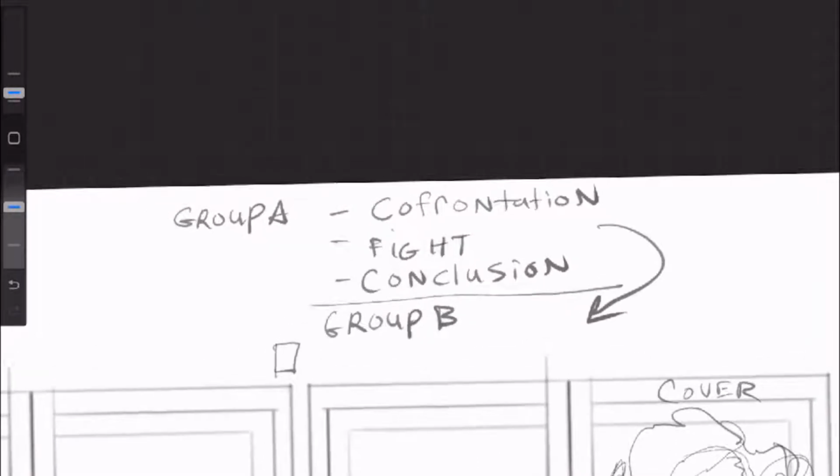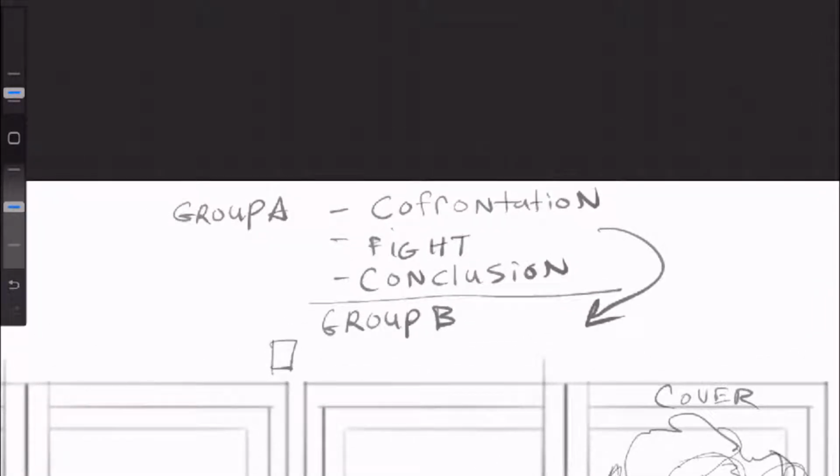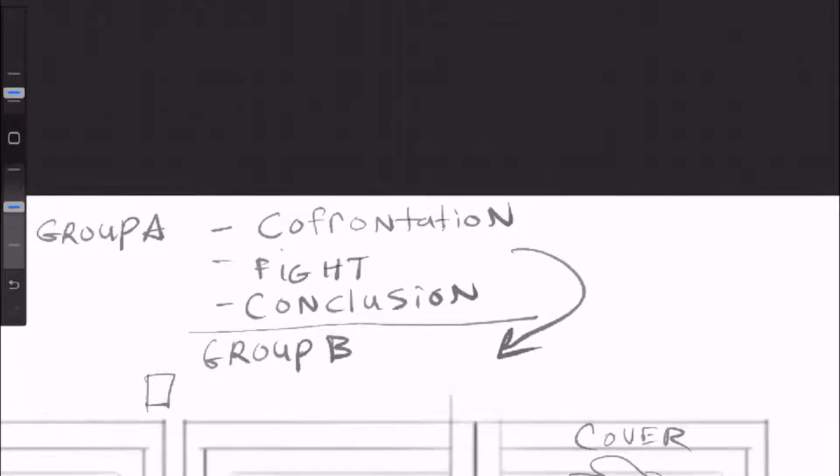I also like to break things down kind of like haiku. I like to think about things being introduced in 5 pages or less, then the next part is 7, and the next part is 5 or whatever. It gives me a decent amount of pages.